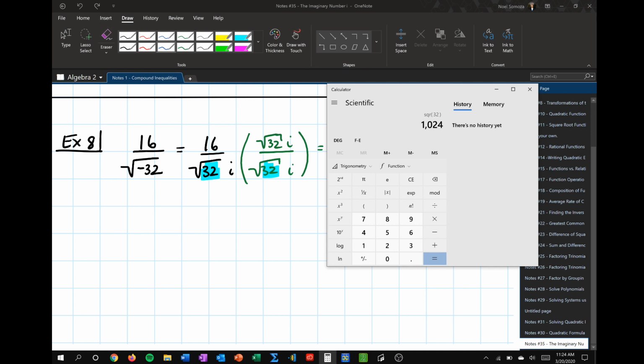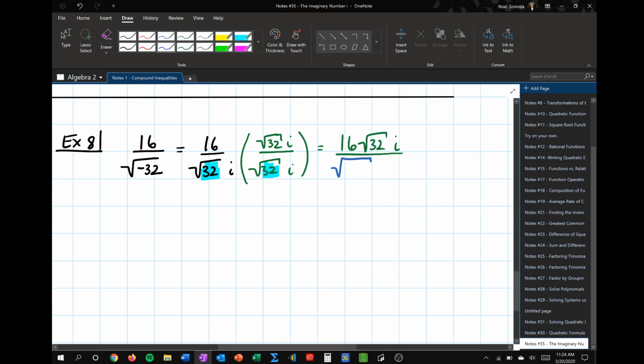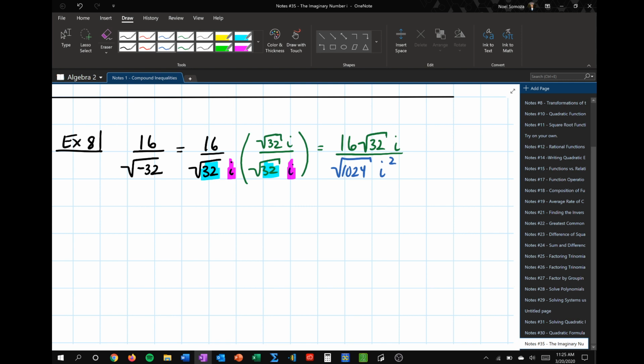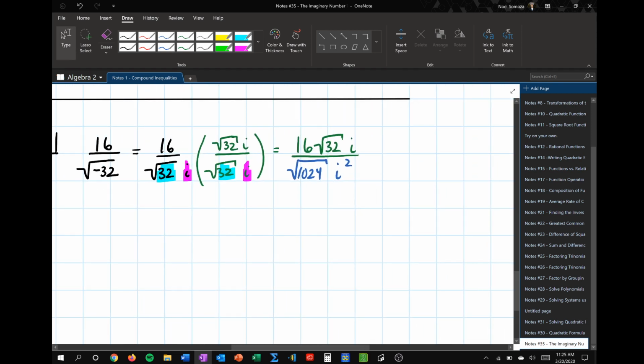Okay, so 32 times 32 is going to be 1024. And remember to multiply I times I. So that's going to give you I squared.